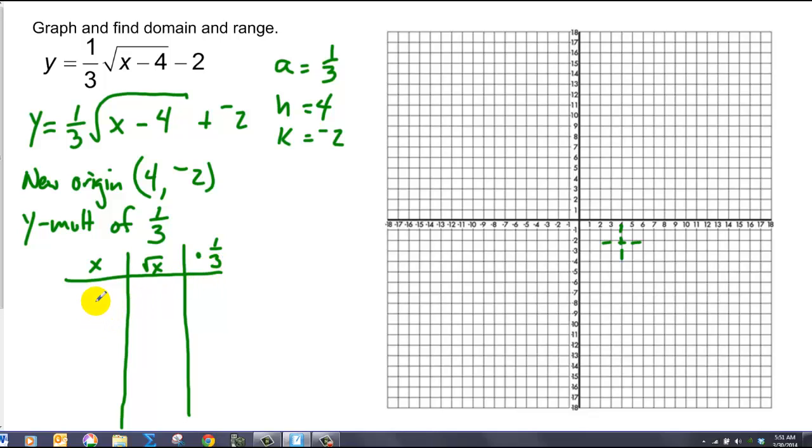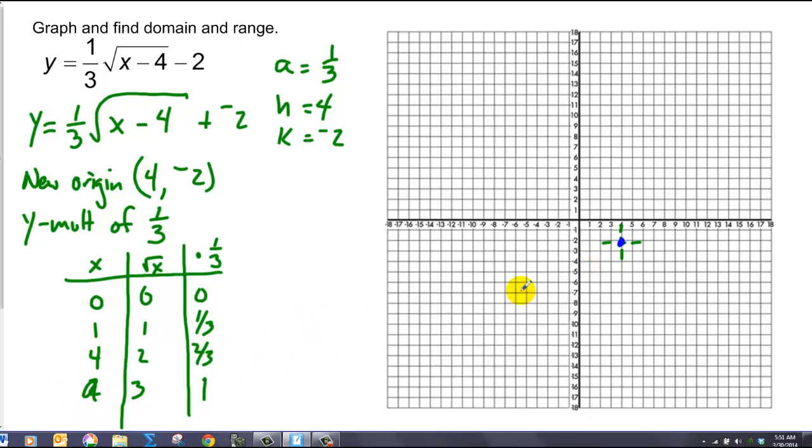So my normal parent function of 0, 1, 4, 9, and 0, 1, 2, 3. And all these y values are multiplied by a third, so there's 0, 1 third, 2 thirds, and 3 thirds, which is 1.